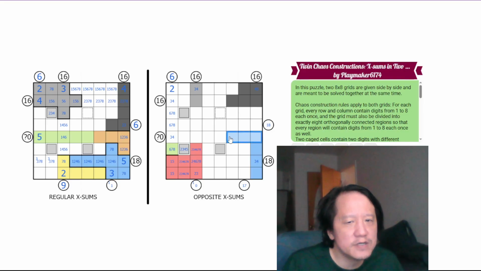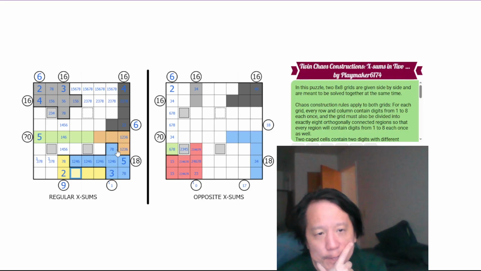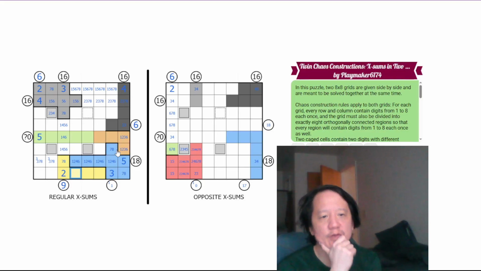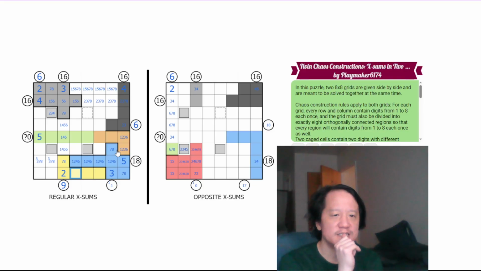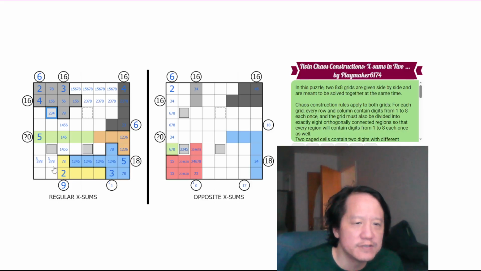That would mean this adds up to 20, but it could still be 3 or 4. Pretty convoluted. This can't be 4 anymore in that instance. That seems fine.